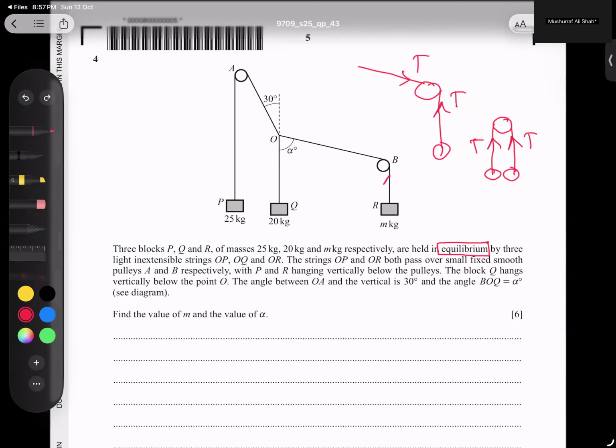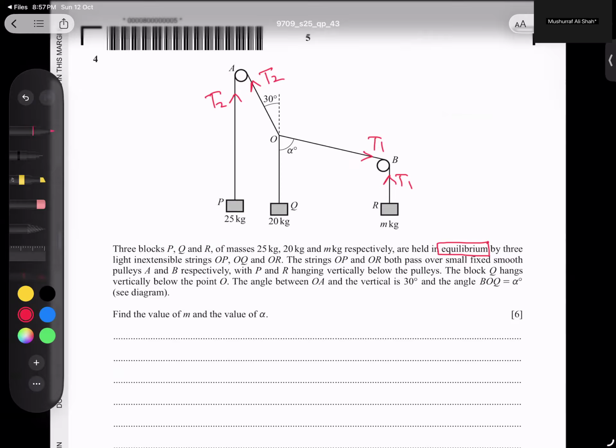This I count as tension 1, and this is also tension 1. When you talk about this particle, the weight is hanging downwards and this is tension 2, and this I will count as tension 2 as well. They are equal to each other. I hope this condition is very clear.